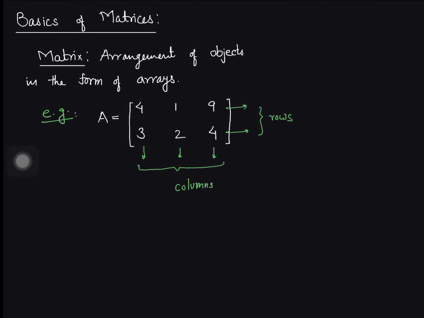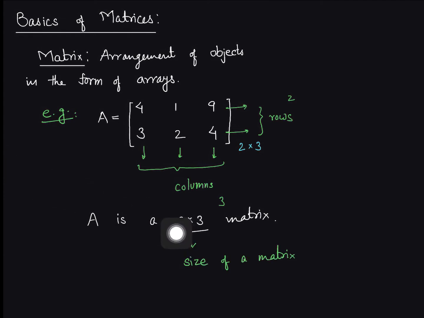If you see in this particular example, we have 2 rows and 3 columns. So we say that this matrix has 2 rows and 3 columns. Here we will say that A is a 2 by 3 matrix. What does it mean? It means that this 2 by 3 denotes the size of a matrix.